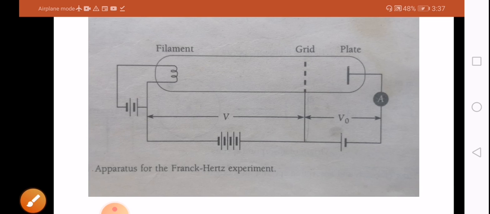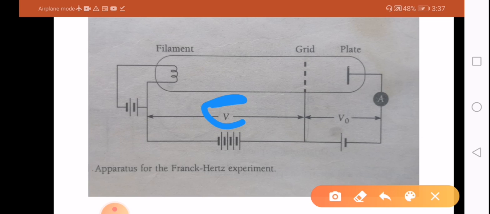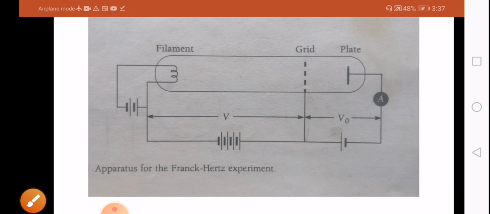Now, as the accelerating potential V is increased, you can see the accelerating potential here, more and more electrons arrive at the plate, because as V is increased, the energy of the electrons or the number of electrons produced will be higher. As a result, more and more electrons arrive at the plate, and the current I through the ammeter increases.